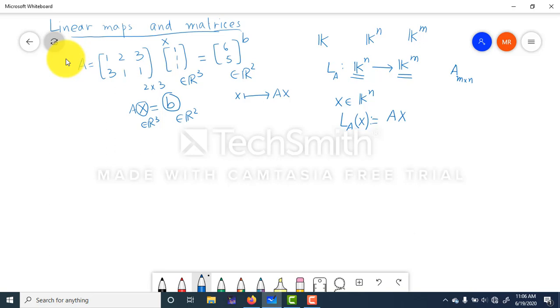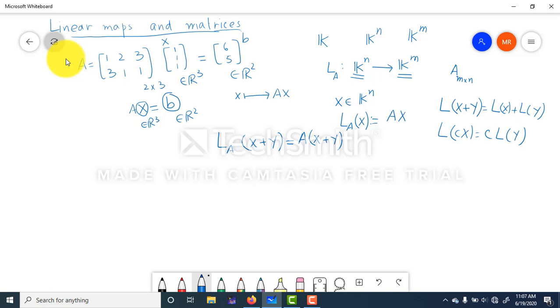Linearity: we know that a mapping is linear if it satisfies two properties, that L of x plus y is equal to L of x plus L of y, and L of cx is equal to c times L of x, where c is a scalar. So in this case, if I take any two vectors, say x and y, and I operate LA on this vector, then by definition this would be A times x plus y.